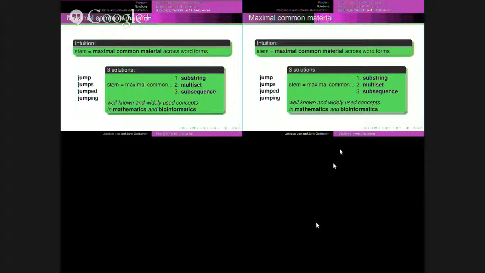So when we say maximal common material, we can mean the maximal common substring, maximal common multiset, or maximal common subsequence. These are all technical terms to be defined using the ideas of linear ordering and adjacency.